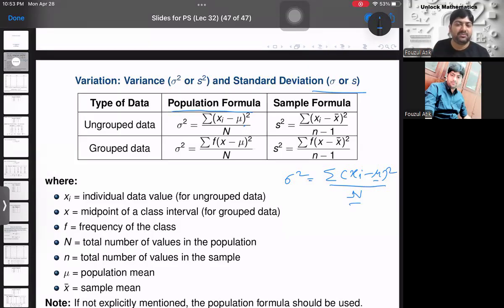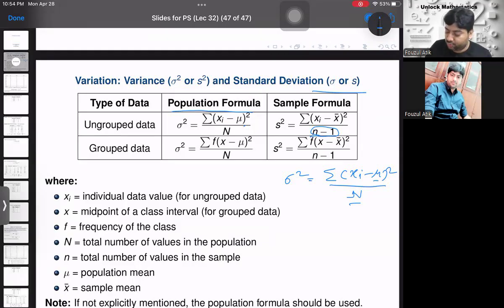For a sample of ungrouped data, the sample variance formula is the summation of xi minus x bar whole square divided by n minus 1. Small n is the number of sample data, but make sure that for sample data, we do not divide by n, but by n minus 1.